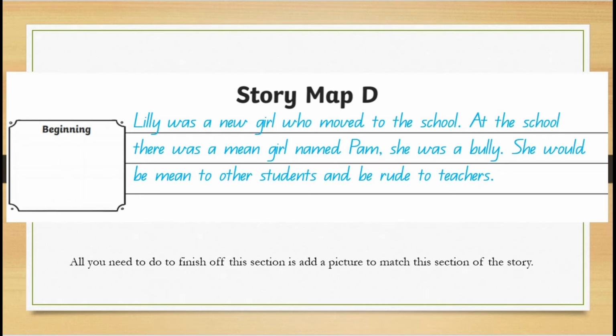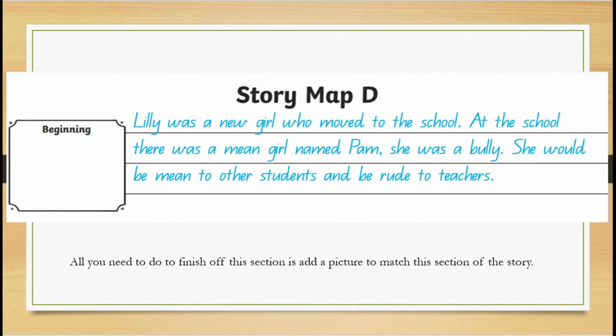Okay, so I've written, Lily was a new girl who moved to the school. At the school, there was a mean girl named Pam. She was a bully. She would be mean to other students and be rude to teachers. You can see I've added a bit of information, but I haven't put absolutely everything that was written in that story. I've summarized it into a few sentences that tell me what the beginning of our story was about.